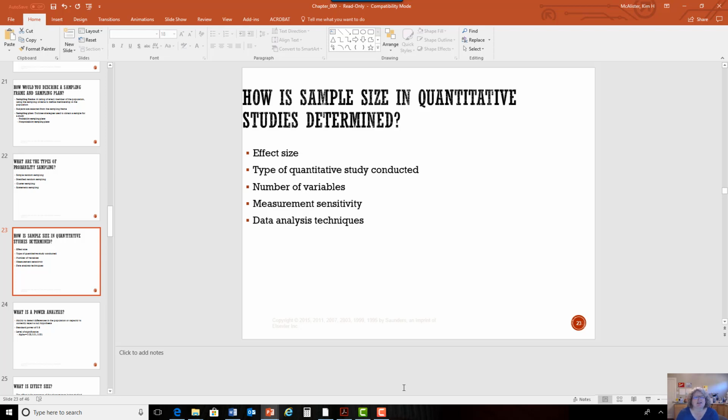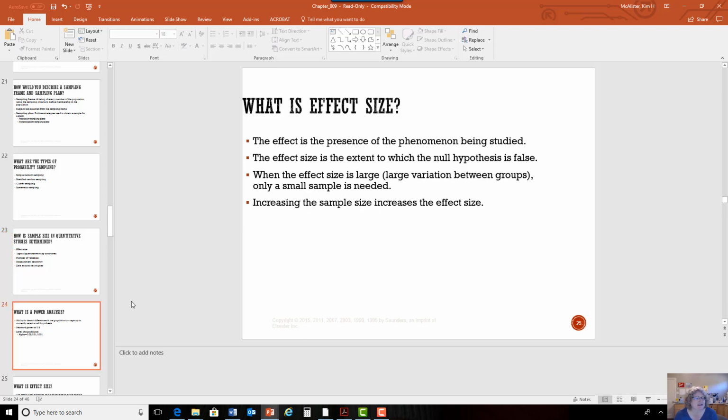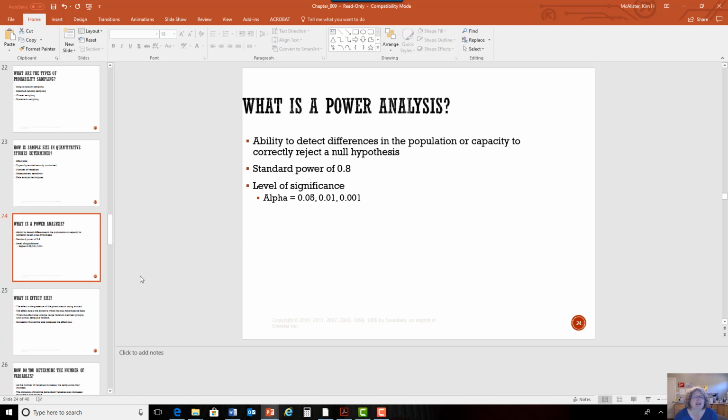And then it also depends on what type of data analysis you're using. So in order to determine your effect size, you can conduct a power analysis. Now, a power analysis has certain standards and a level of significance, and those are set. The variation in that is going to be your effect size and your sample size. And so you can conduct that.